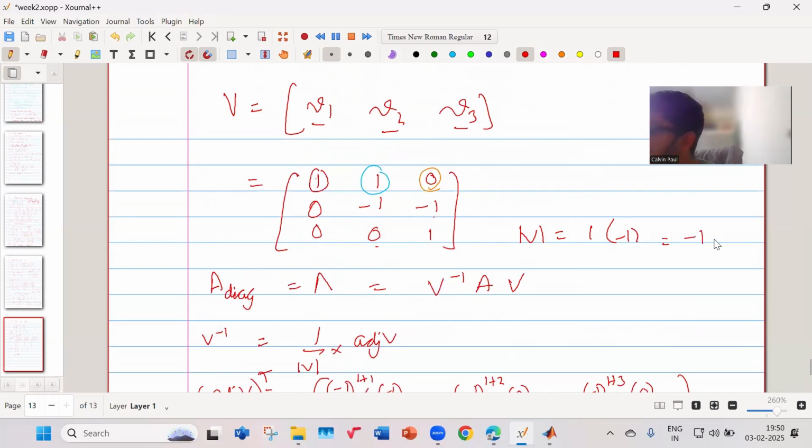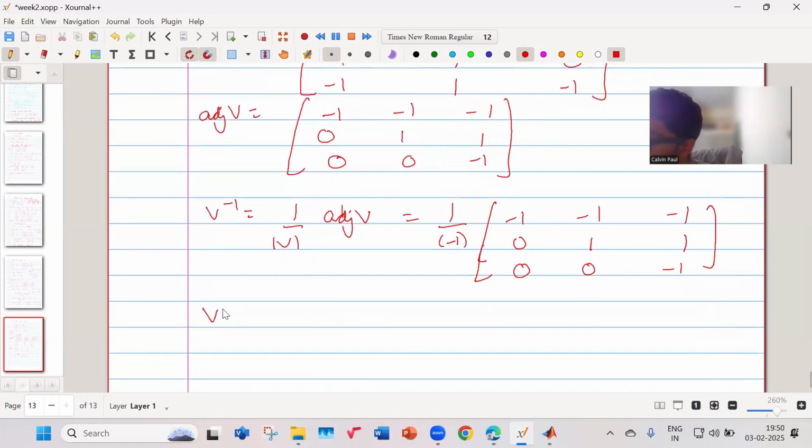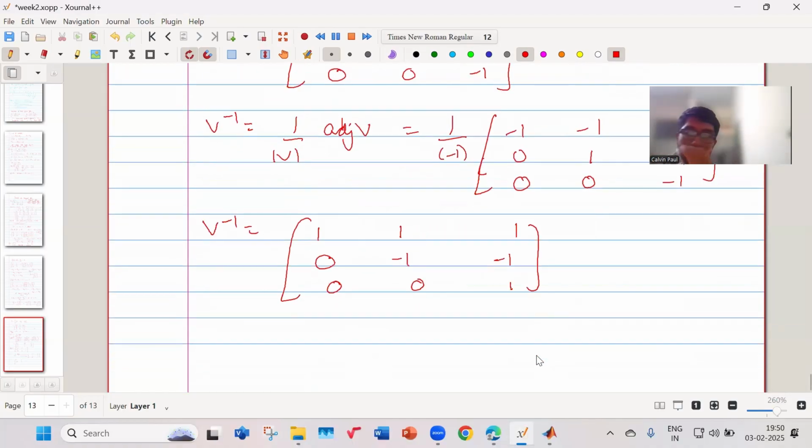So actually it's minus 1. So this is 1 upon minus 1 into this matrix: minus 1, minus 1, minus 1, 0, 1, 1, 0, 0, minus 1. So V inverse becomes equal to 1, 1, 1, 0, minus 1, minus 1, 0, 0, 1. Okay, till here we have got it.